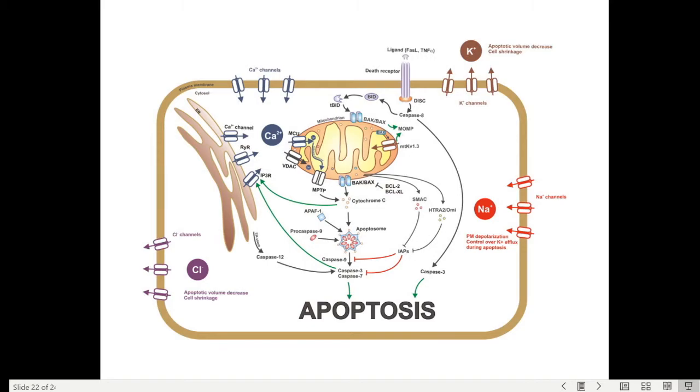The first thing that happens in the apoptosis process is at the cell surface receptor. The cell surface receptors receive some signals, ligands, from the cancer-causing agents. These signals affect the caspase-8 pathway.